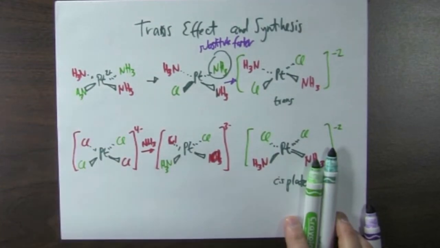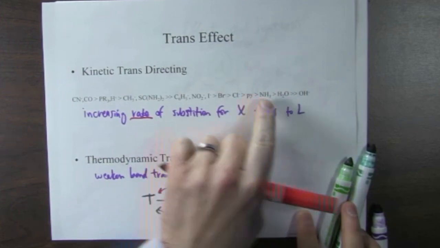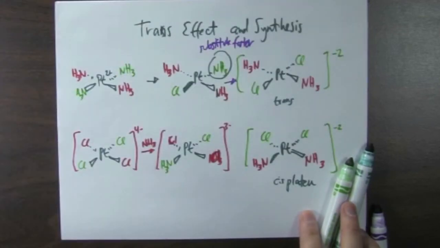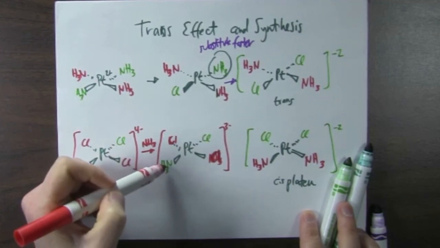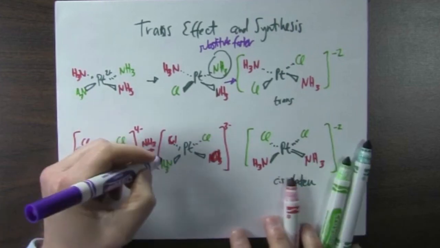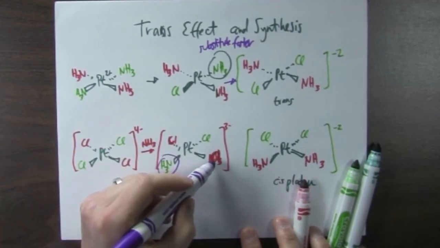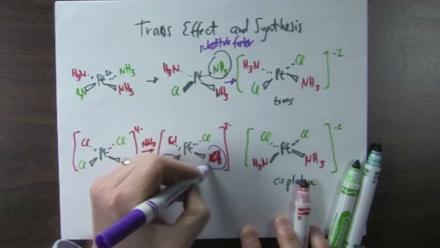Again, looking at our trans-directing ability for the next substitution, chloride is more trans-directing than ammonia, which means that this ligand is trans to a chloride, so it will react faster. This ligand is a chloride, it's trans to a chloride, so it will react faster.